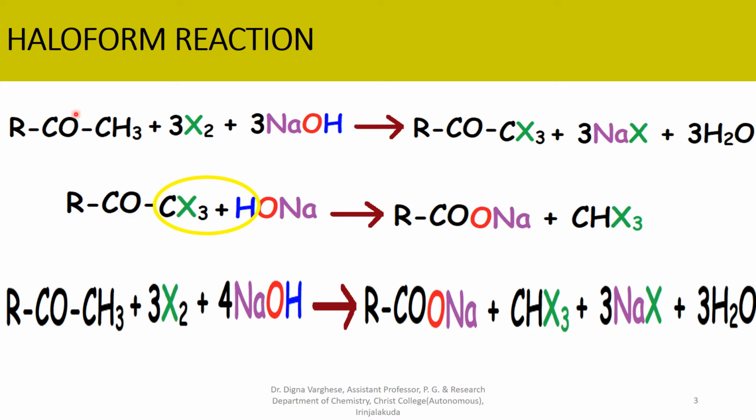Here you can see in this reaction, 3 halogens, that is here, and here 1 sodium hydroxide and here 1 sodium hydroxide. So the total is 4 sodium hydroxide, forming sodium carboxylate and haloform.